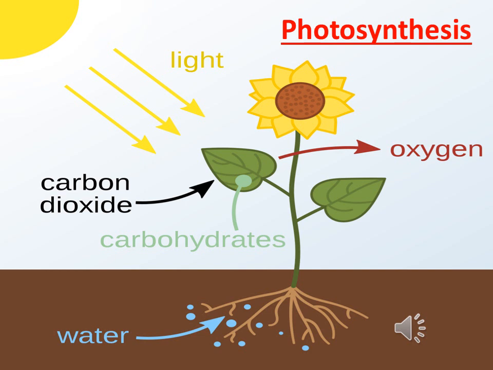As a result, food and oxygen are produced. Food is produced in the form of carbohydrates like sugar, and oxygen gas is given out through leaves.